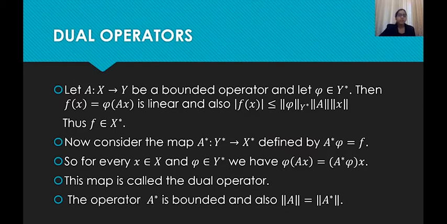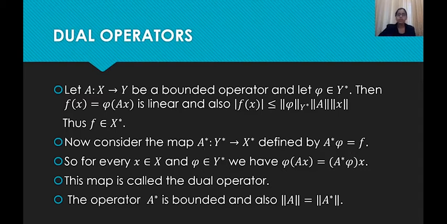Okay, so for every x an element of capital X and phi an element of Y star, we have phi of A x equal to A star phi of x, because we had defined F of x is equal to phi of A x. So phi of A x is F of x, and F is equal to A star phi by our definition of the map.